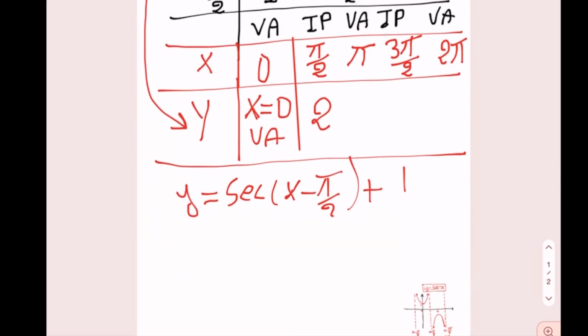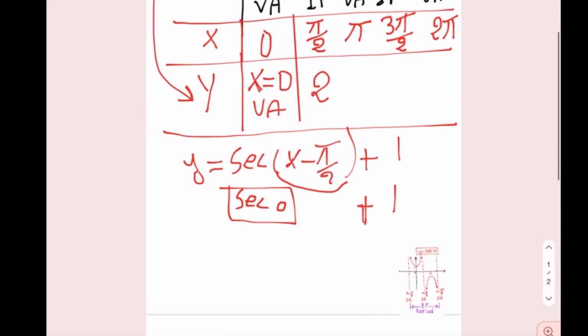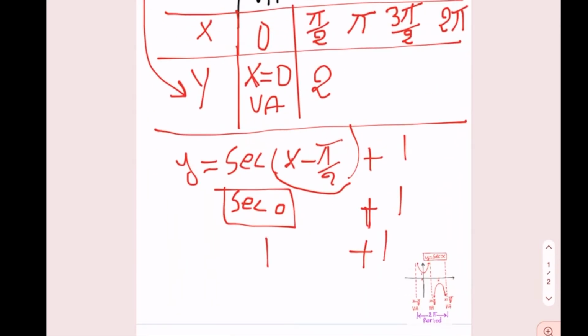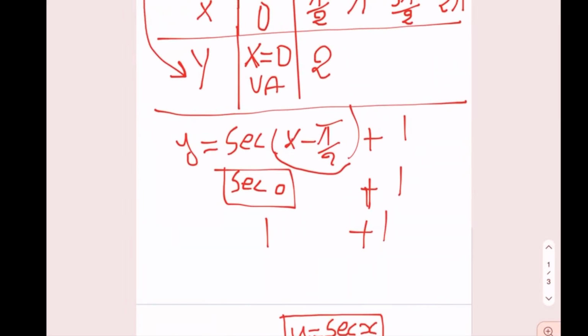In this case, x minus pi over 2 is 0, so we have secant of 0 plus 1. Secant of 0 is 1, and 1 plus 1 equals 2. You can get it from the graph of secant, or you can use a calculator: 1 over cosine 0, which is 1 over 1 equals 1. So we got the value of y, which is 2. We put it in the table.